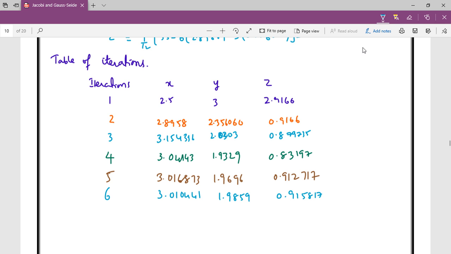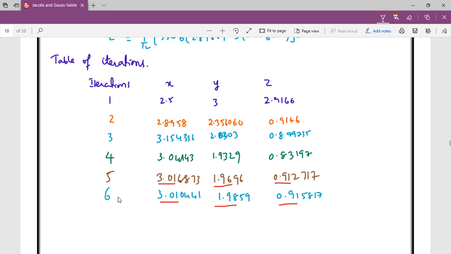Now we can see here, in the fifth iteration the x value is 3.01 and the y value is 1.96, which can be made 1.97, and it is 1.98. So z is 0.91 and 0.91.